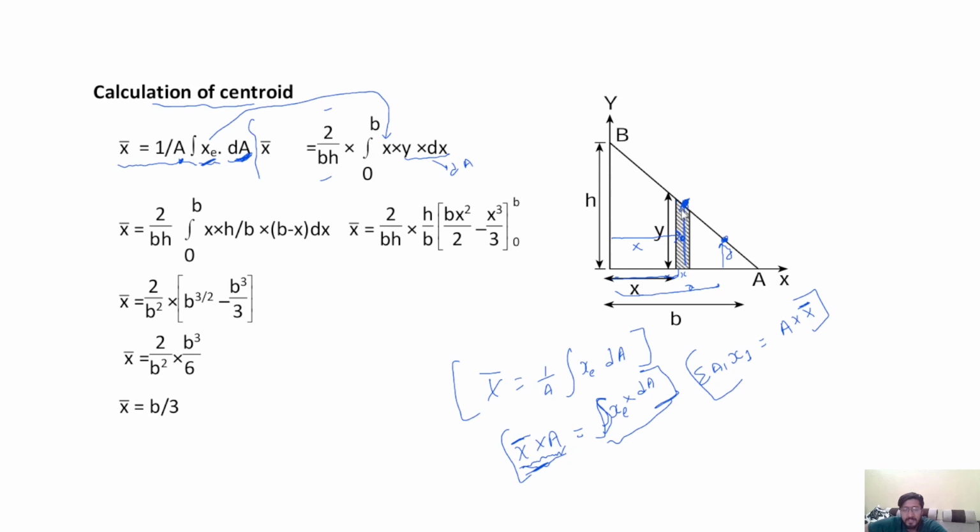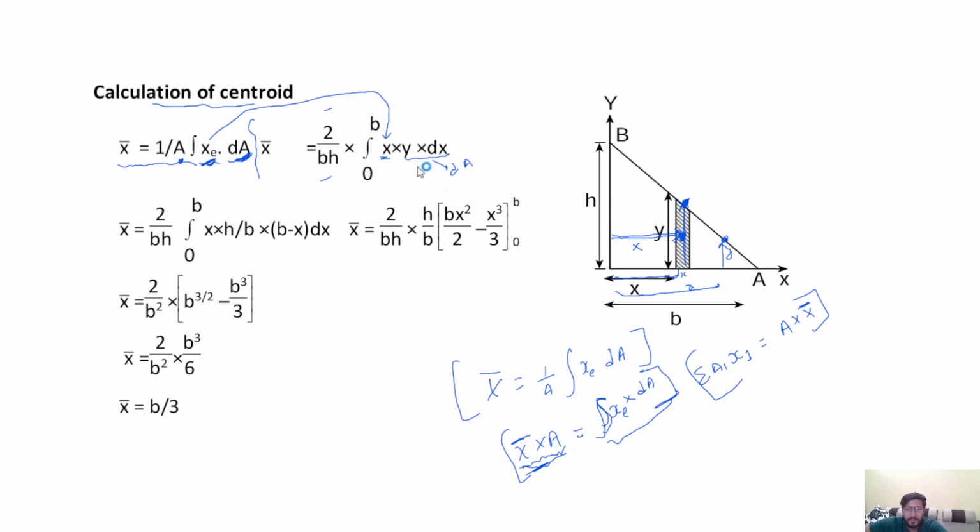That means xe, the distance of the centroid of this strip from the reference y axis, is equal to x. So replace the value of xe, that is equal to x.